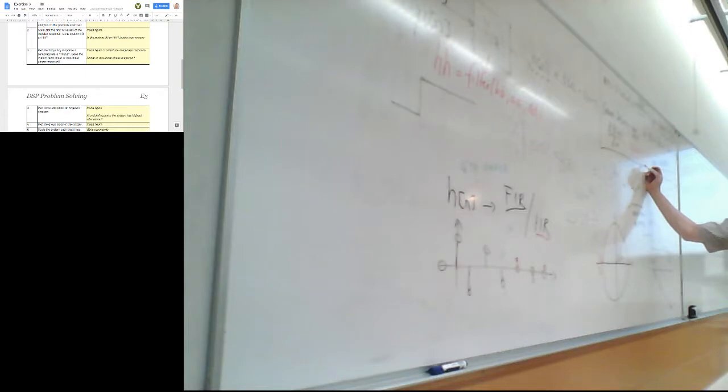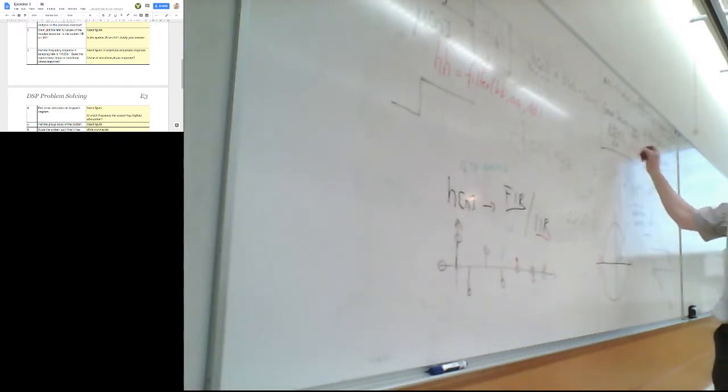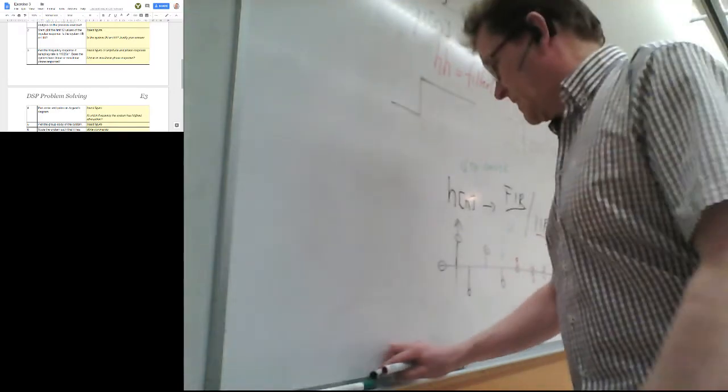Where's the Fs? Oh, wait a minute. No, wait a minute. Ts times that one, I think. Yes, of course, it is like that. Okay, good. So that's the first part.